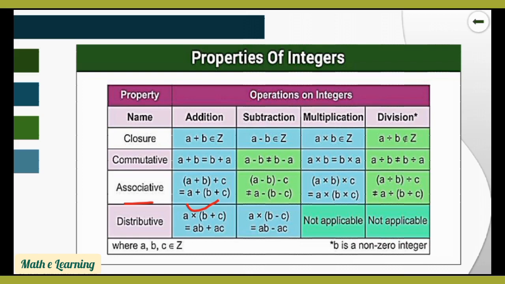It applies to addition and multiplication. It does not apply to subtraction and division. Then distributive property. It applies to addition and subtraction. It is not applicable for multiplication and division.